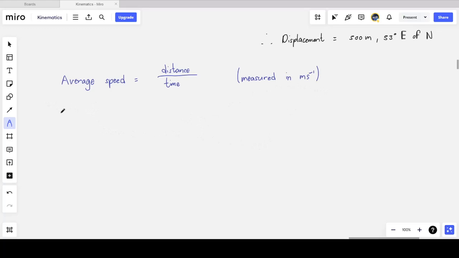Okay. But what about velocity? So velocity, if I was speaking English, would sound roughly the same as me using the word speed. But in physics, it has a different meaning. It's also measured in meters per second, but you guessed it, it is now a vector quantity, so it's displacement against time.